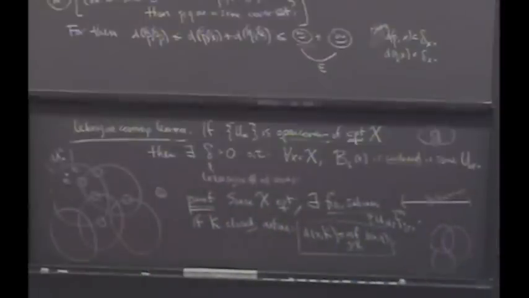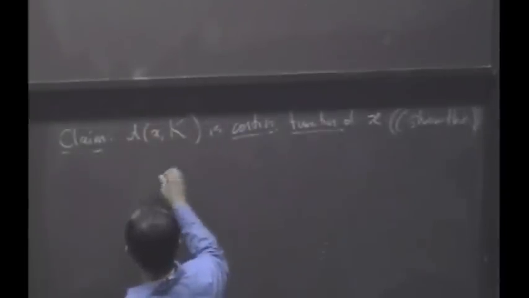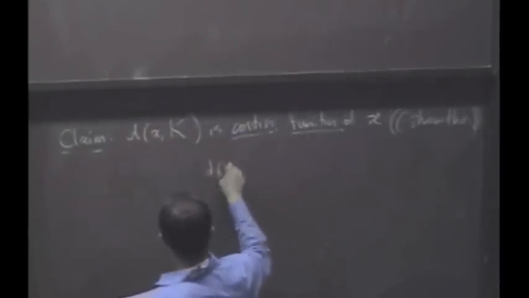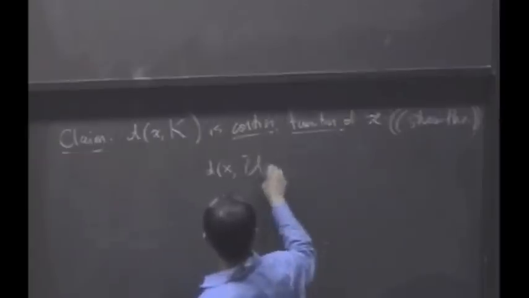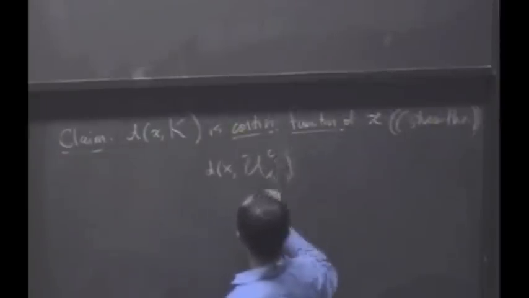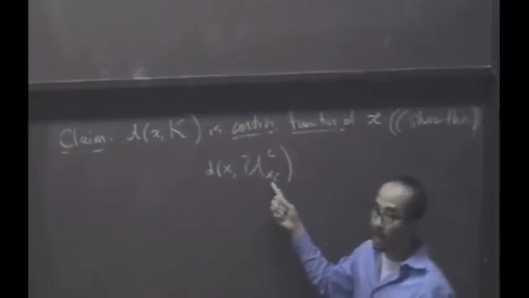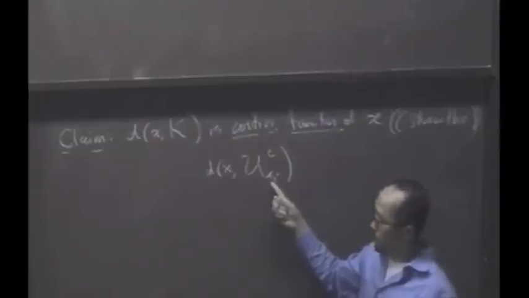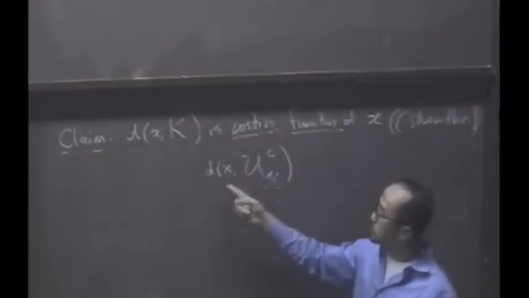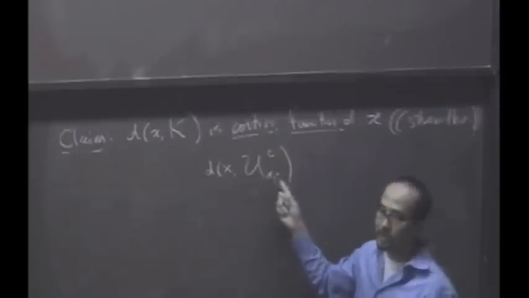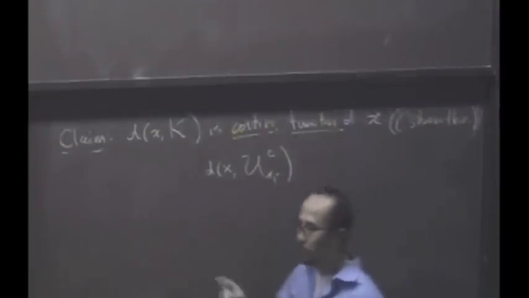Let's look at all distances between x and its complement. Let's look at the distance between x and the u alpha sub i complement. There's one for every i. Now, I'm hoping to show that the minimum of all of these is bigger than 0, for every x.